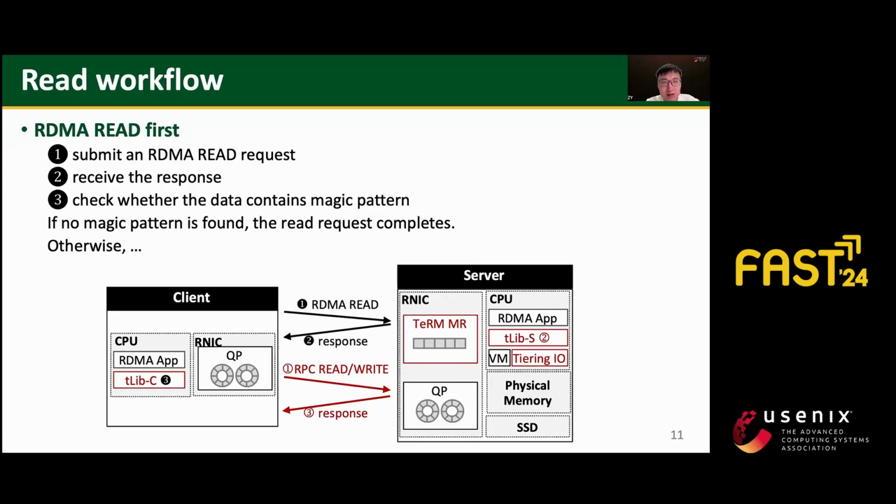If no magic pattern is found, it means all the data are on the valid virtual pages, and the read request completes successfully. Otherwise, if TeRM finds magic pattern in the data, it means some data is on the invalid virtual pages. In this case, TeRM processes the read request by further steps of software RPC read.